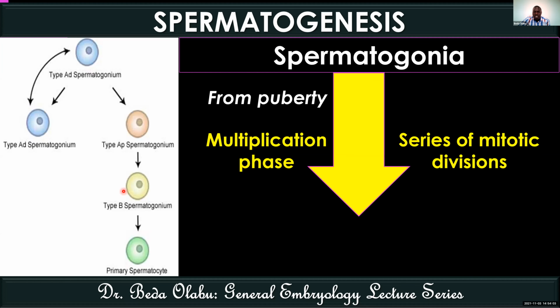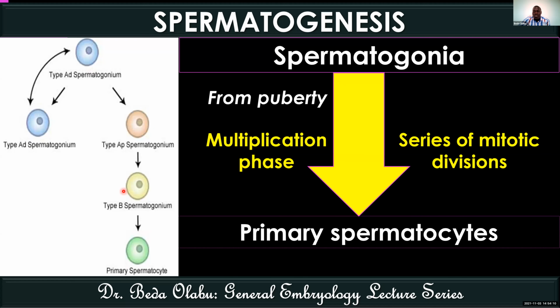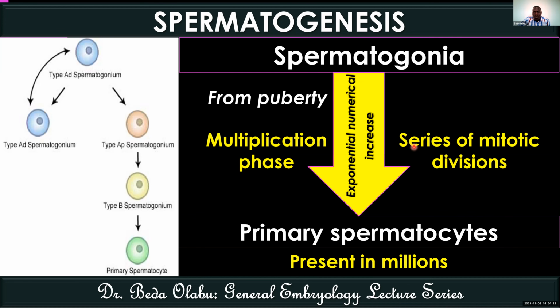It involves several series of mitotic cell division, leading to formation of a group of cells we call the primary spermatocytes. Because it is multiple series of mitotic cell division, we have an exponential numerical increase in the number of cells. From possible 100 or 1,000 or whatever number you give it, we have millions and millions of cells.